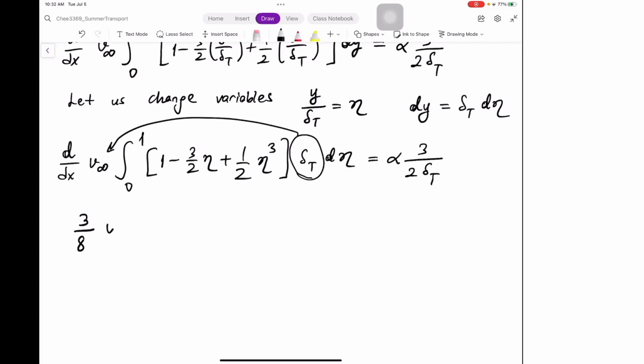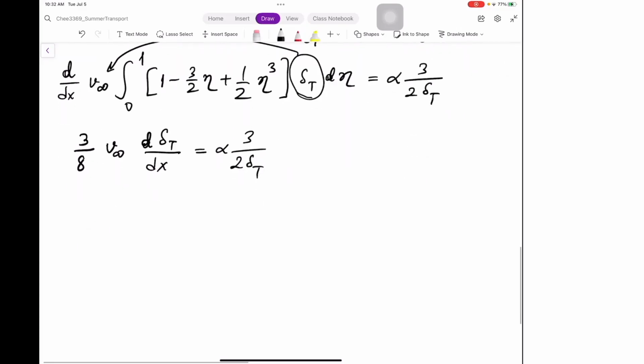V infinity can be taken out of the derivative. So d delta t over dx is equal to alpha 3 over 2 delta t, and the 3's cancel. The part I'm skipping here is that this integral without this delta t is already what we calculated before, and it's 3 over 8.